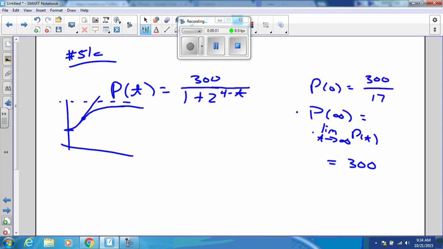I'm looking for the point where the maximum rate of change is occurring. And that maximum rate of change is going to occur when the derivative has its max value, or when the second derivative is 0. So you computed p prime of t, and what did you get for p prime of t?